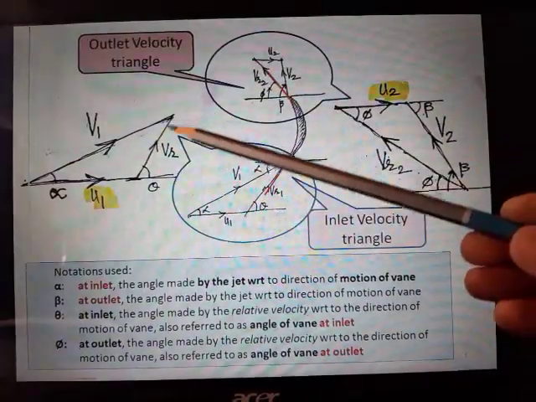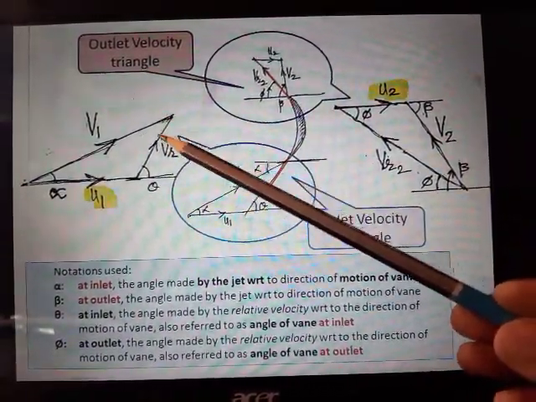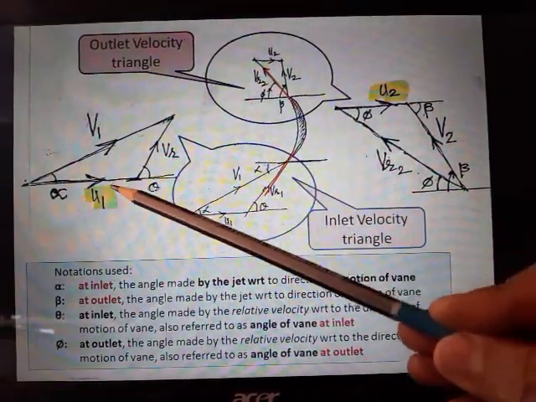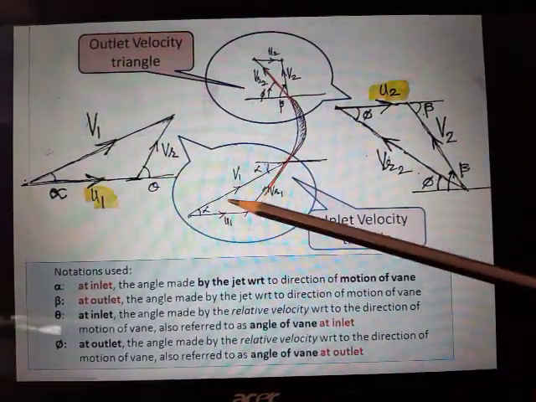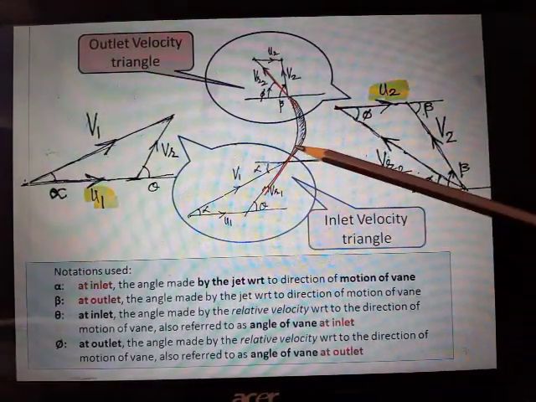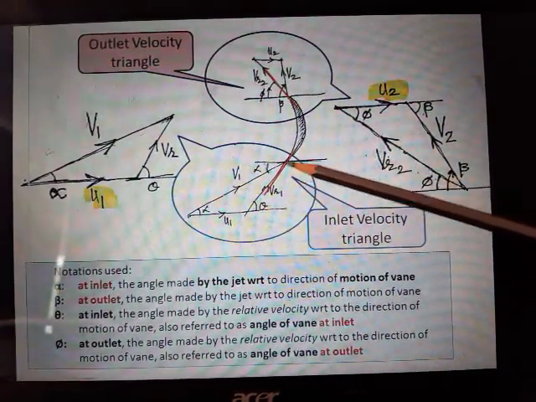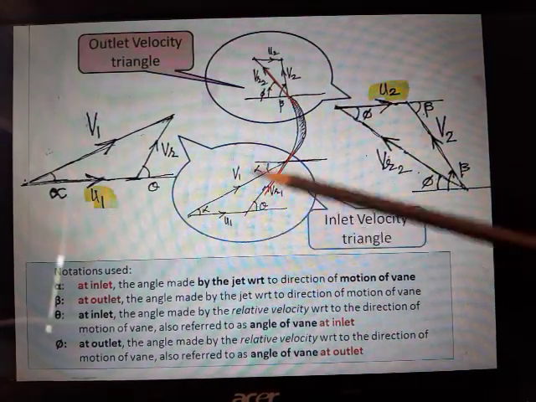The third side is the relative velocity. It is the relative velocity of the jet with respect to the vane. The angle made by the relative velocity with respect to the direction of motion is theta. If you observe here, theta is nothing but the angle made by the vane itself, or the angle of vane at the inlet. The red line shows that. So that angle is theta.